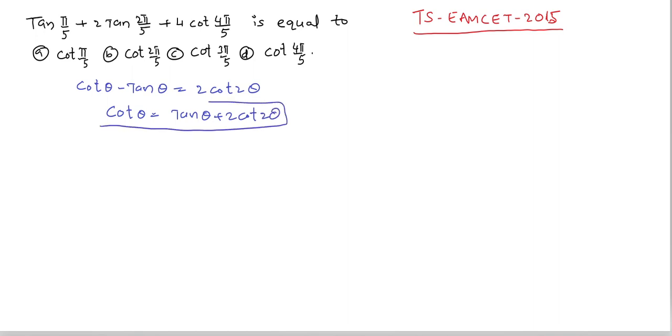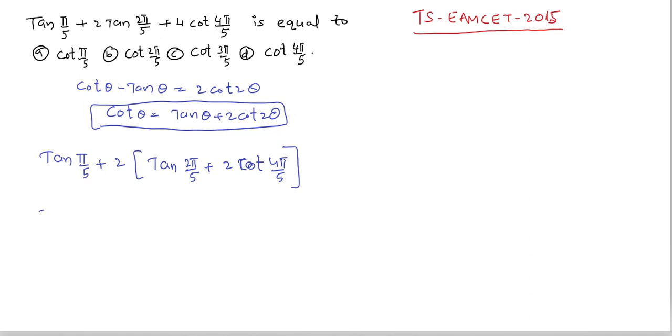Applying this formula, that is tan pi by 5 plus, taking 2 common, that is tan 2 pi by 5 plus 2 cot 4 pi by 5.